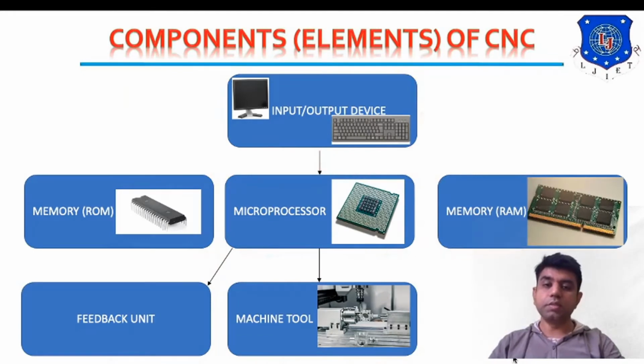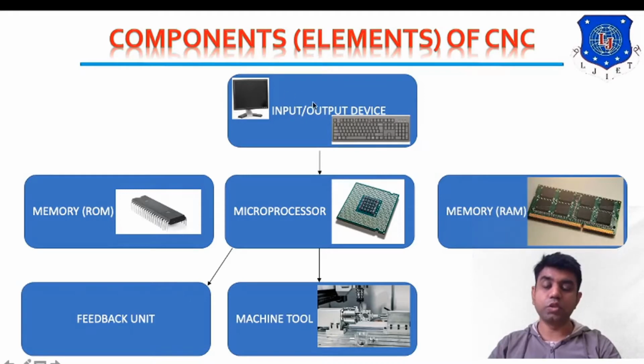In the CNC machine, the major thing is a microprocessor, right? Or we call it a mini computer. It is a computer in which we have two memories, RAM and ROM, in which the data can be stored. We also have input and output devices, with the help of which, using the keyboard, you can feed the program to the computer, and the computer shows the data which you are feeding on a monitor, right?